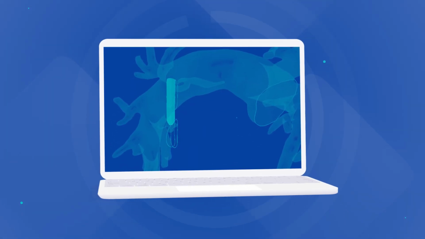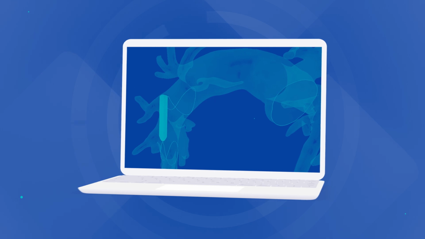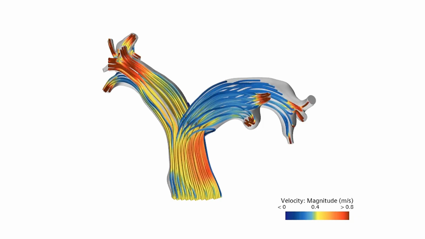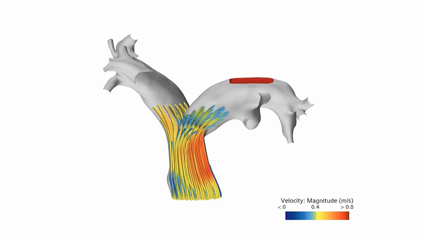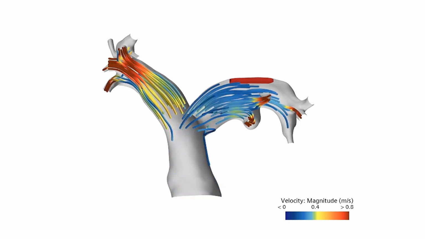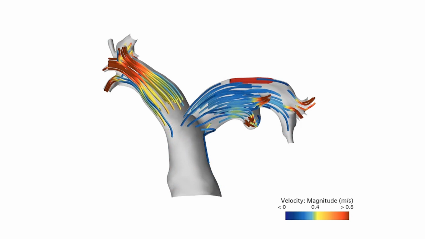And for this, we develop models to simulate the interaction between the device, the anchoring and fixation mechanisms of the device with the vessel wall, and also the interaction of the body of the implant with the blood flow. And we validated these models in terms of engineering properties.